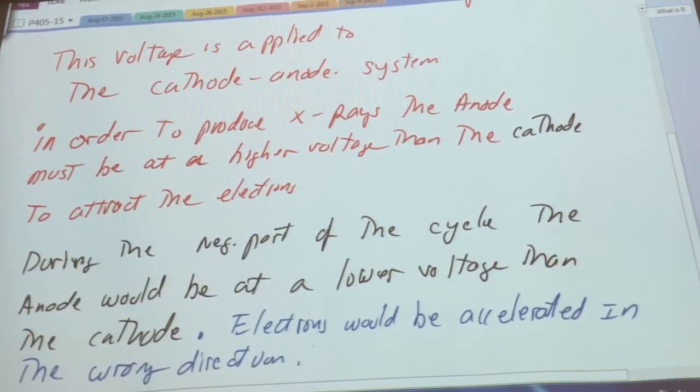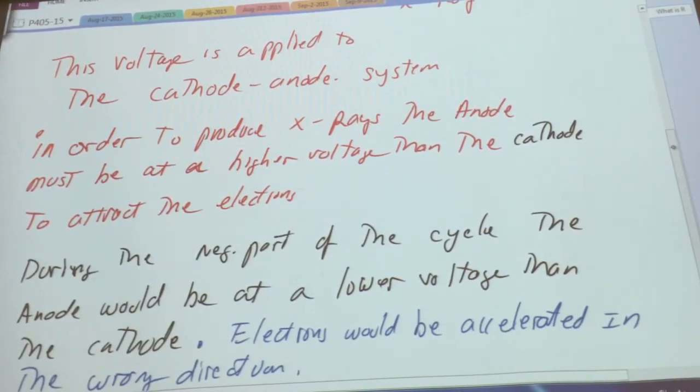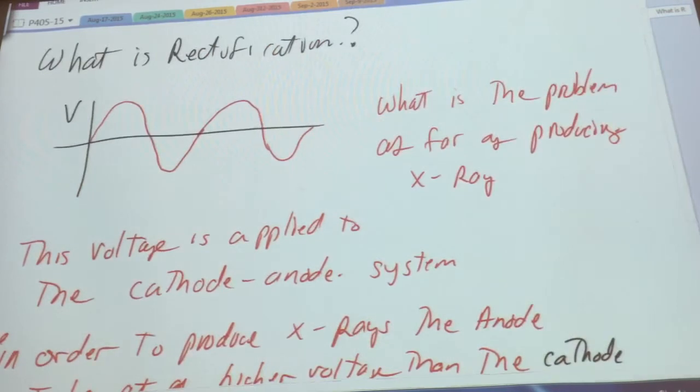Okay. So during the negative part of the cycle, we would be accelerating the electrons in the wrong direction. So that's why we don't want to do it. That's why we're trying to say that we have to fix this. That's what we need to get rid of. Easiest way to get rid of it is to chop it off.